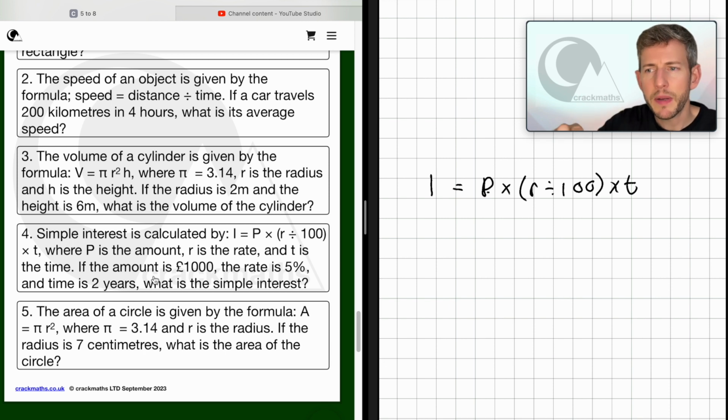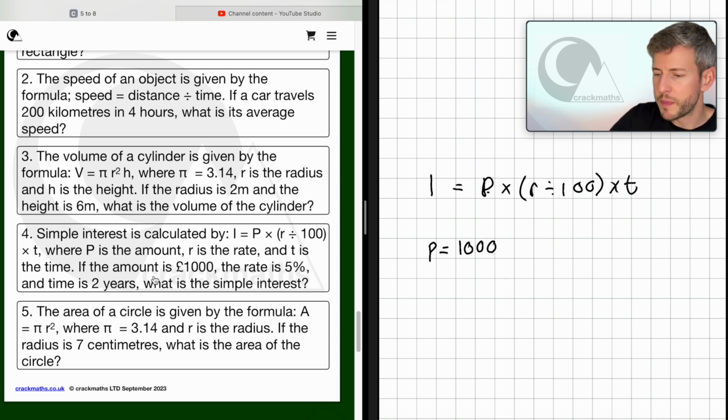So simple interest is calculated by this formula, where P is the amount, R is the rate, and T is the time. So if P is the amount, that means P equals 1000. R is the rate, which is 5%, so we're going to use that 5 here.